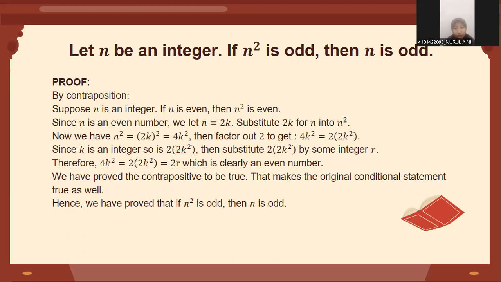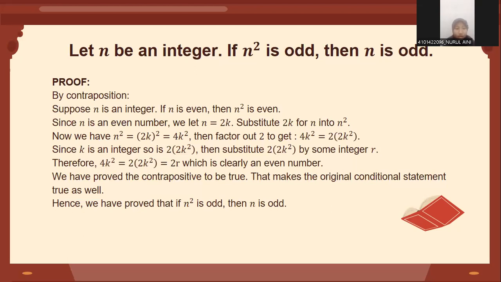Now we have n squared, where n we substitute with 2k, so we get (2k) squared equals 4k squared. Then factor out 2 to get 2 times 2k squared. Since k is an integer, so is 2k squared.